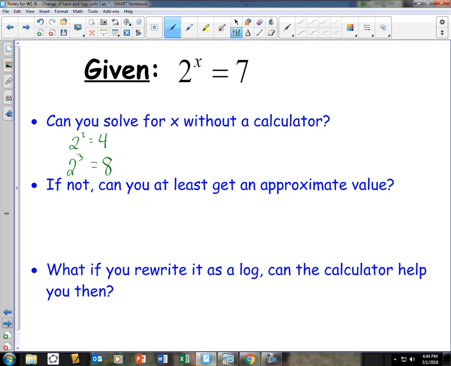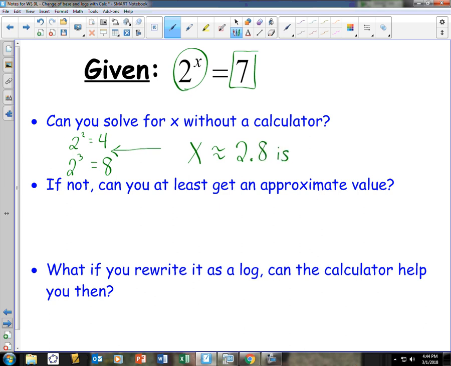Well, it's going to be somewhere in between here. I'm thinking maybe it's closer to the 8 than it is to the 4, so I'm guessing it's approximately 2.8-ish. That is purely a guess, but it's an educated guess.